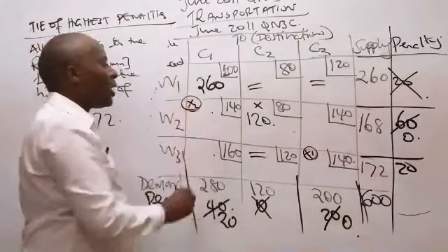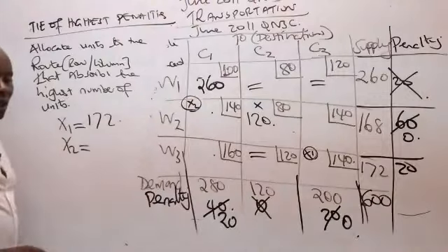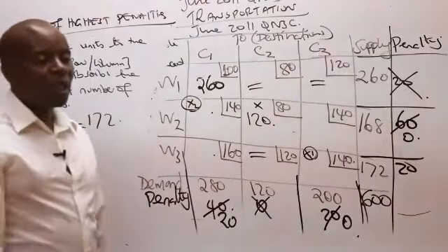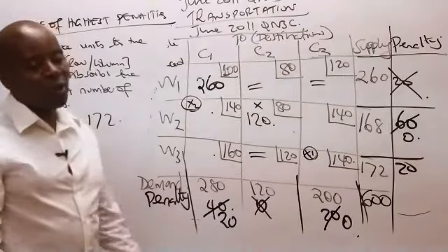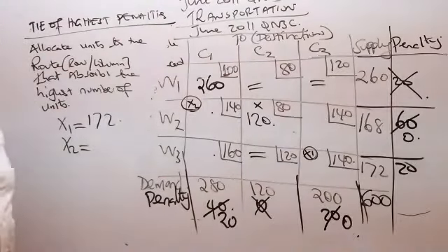So could you kindly help me? This X2 cell will end up taking how many units in total?